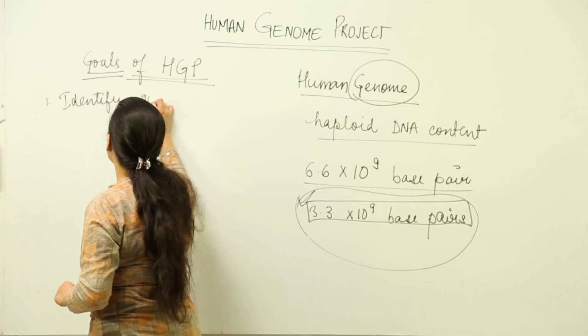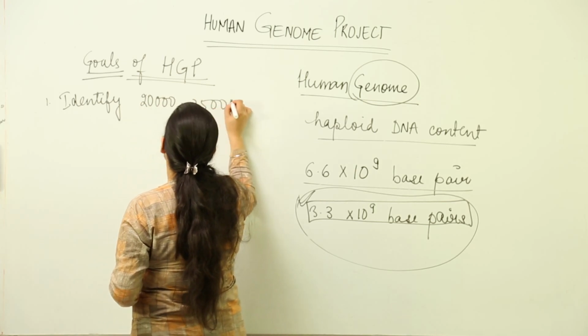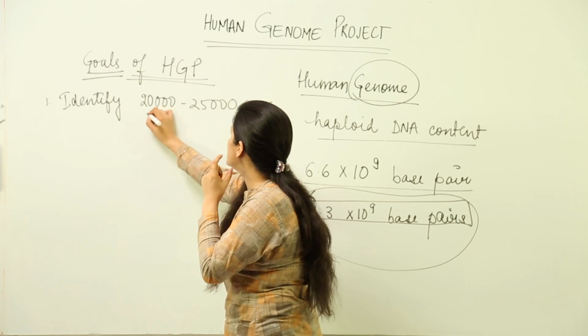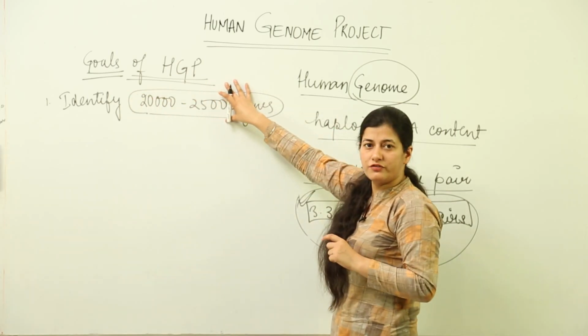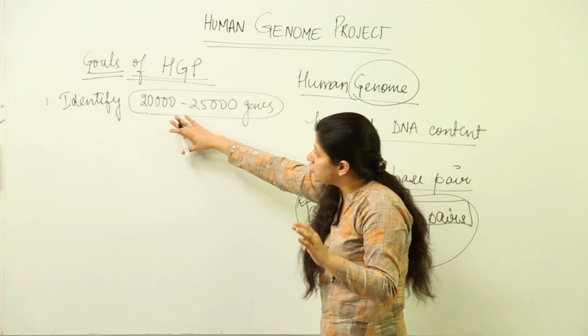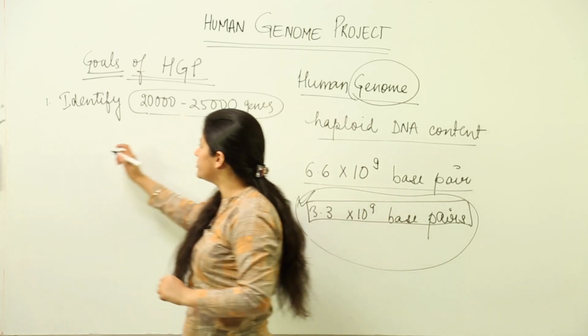as many as 20,000 to 25,000 approximately. There are this many genes in the human genome. So, this approximate number of genes had to be identified. All genes which are present in the genome had to be identified in this Human Genome Project.